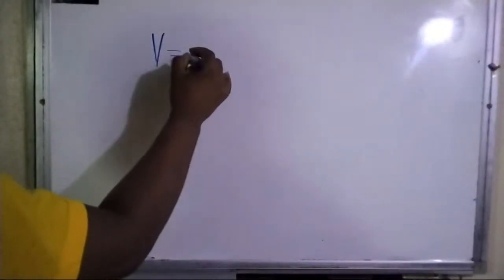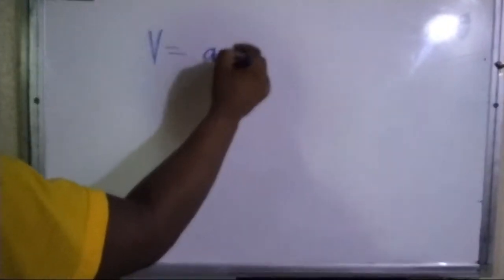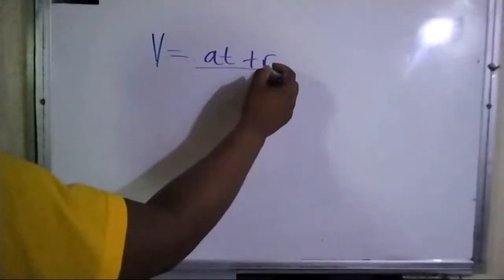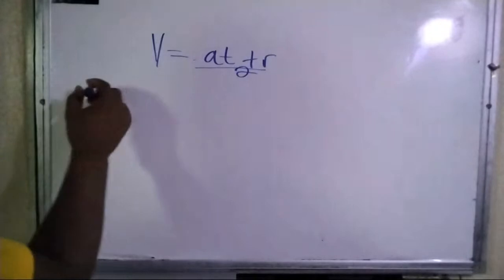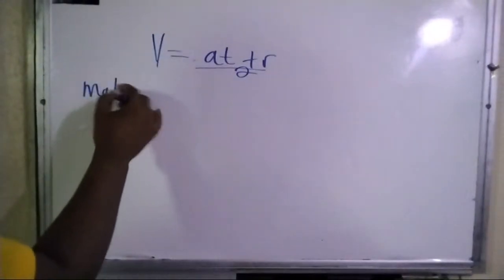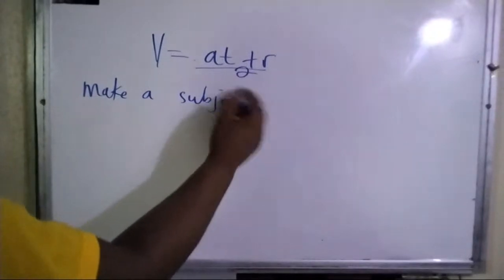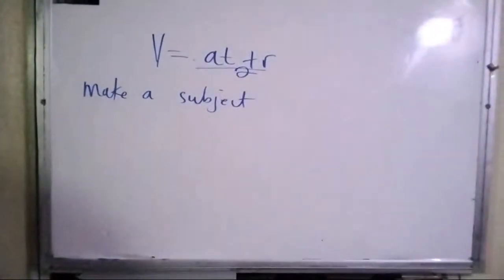We have v is equal to at plus r over 2, and then it says make a the subject of the formula. Do that quick, guys. 1 minute maths.